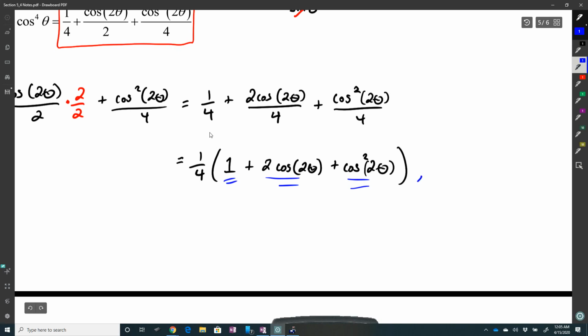But if you don't recognize it, notice that I can say let u, it can really be any variable, it doesn't have to be u, equal cosine of 2 theta. So if that happens, that means I can replace all of my cosine of 2 thetas with a u. And the only reason we're doing that is to make it easier to look at.